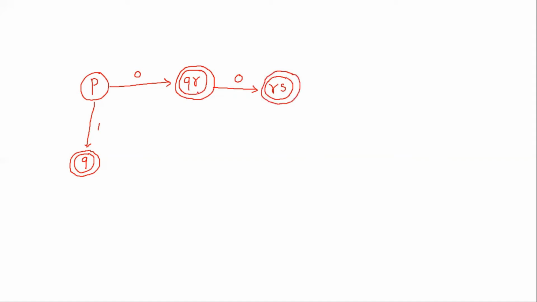Then we will find out transitions from QR for the input 1. Now Q for 1 goes to QR, and R for input 1 goes to P. So here we will add the new state as PQR. Now this PQR is a final state because of Q. Then next we will find out transitions from the state Q for the input 0 and 1.